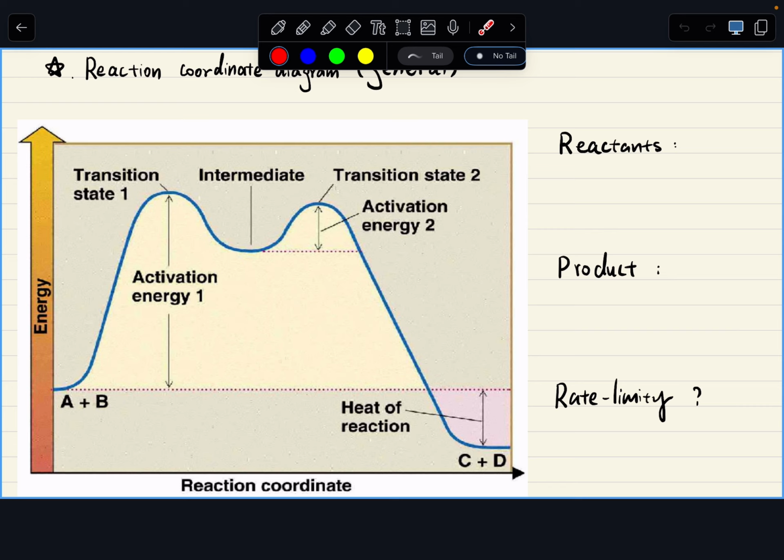When we are referring to the thermodynamics of the reaction, we're talking about the relative difference in energy between your reactant and product. So that's thermodynamics. If the reaction releases heat, we say it is exothermic.